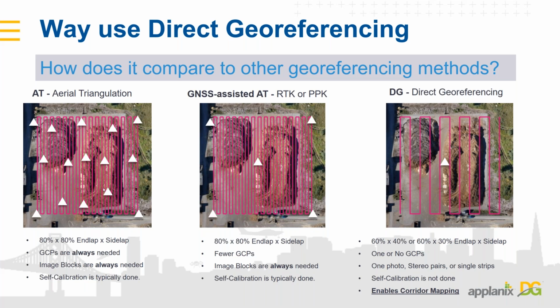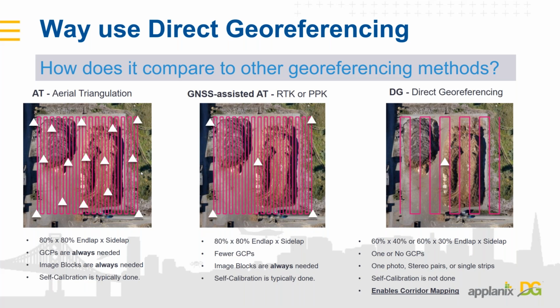And then if we take a look at direct georeferencing, there are a couple of key advantages. One is that we can eliminate the need for ground control points. And we can also reduce the overlap that is flown. Typically we can reduce that overlap by half.